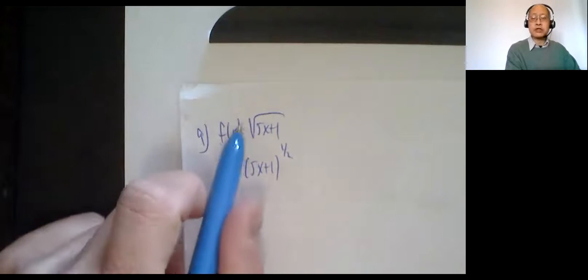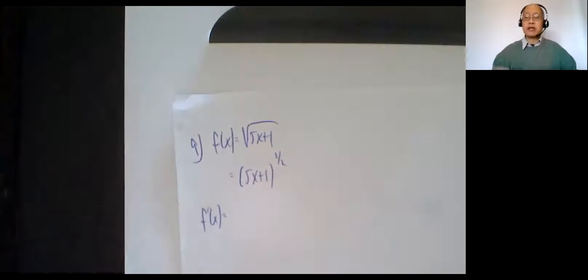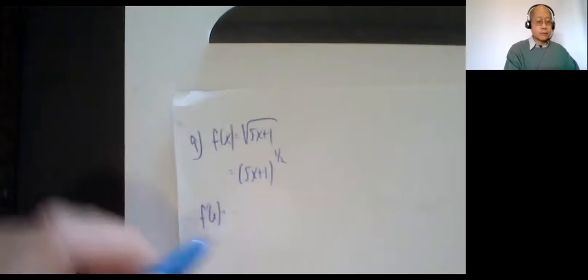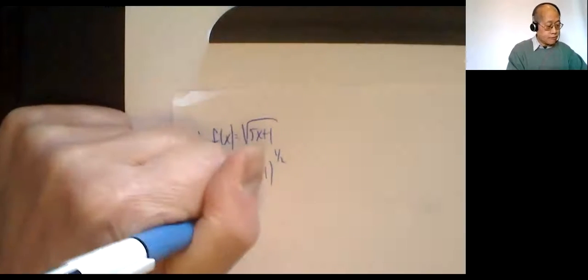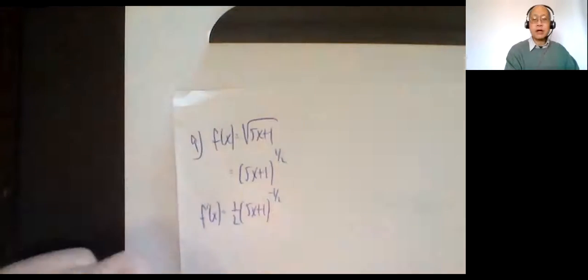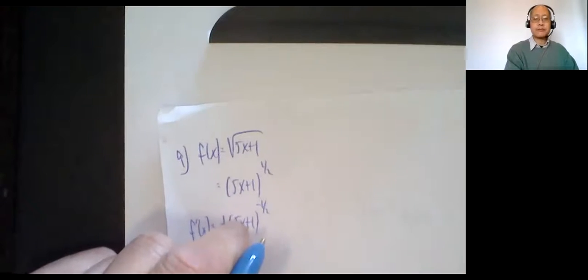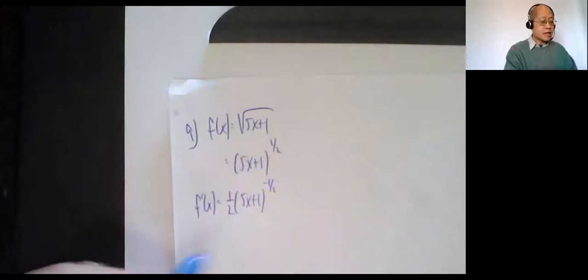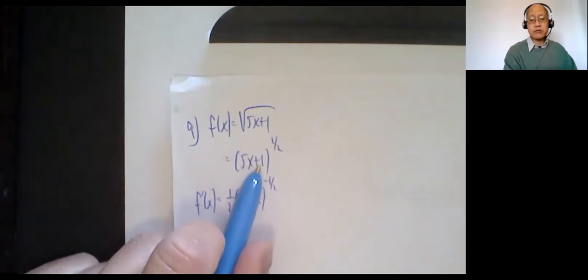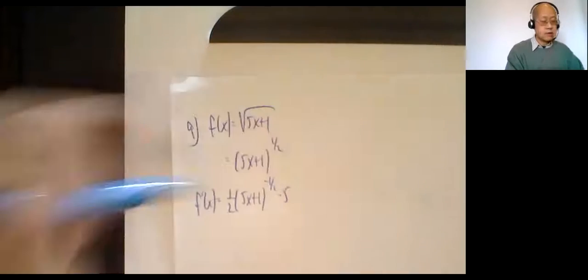So the outside function is a square root function, which means raise something to the 1/2. The inside function is 5x plus 1. So 1/2 times 5x plus 1 to the negative 1/2. Right, 1/2 minus 1 is negative 1/2. And then by the chain rule, times the derivative of the inside. So what's the derivative of 5x plus 1? 5.